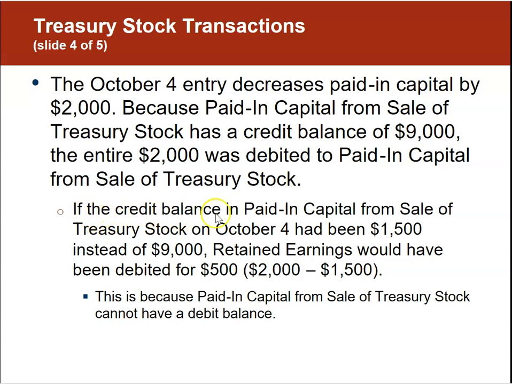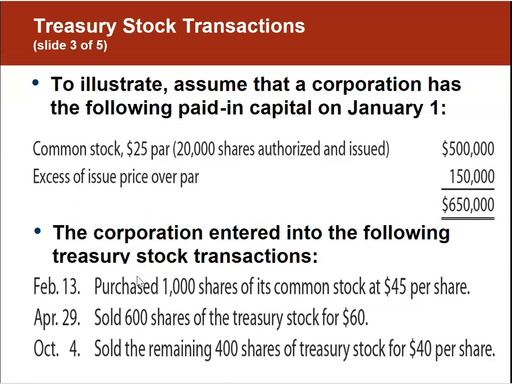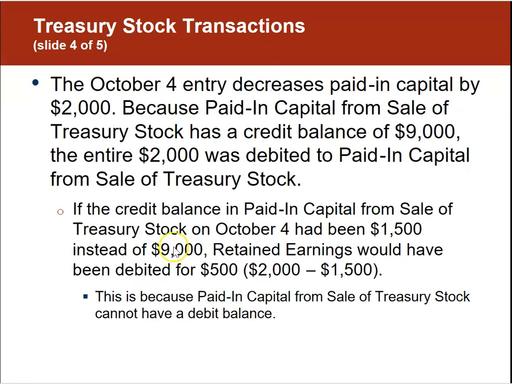It says if the credit balance in paid-in capital from the sale of Treasury stock, let's see here, on October 4th had been 1,500. I think they've got their dates wrong. Let's go back. Yeah, they do. So let's reword this.